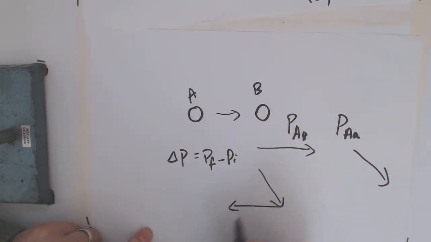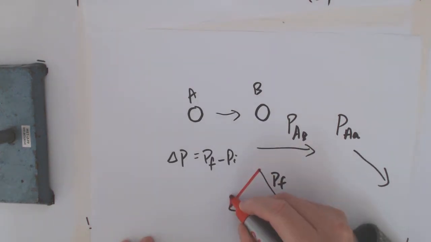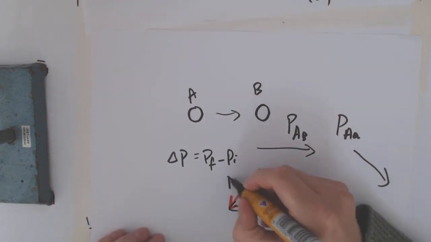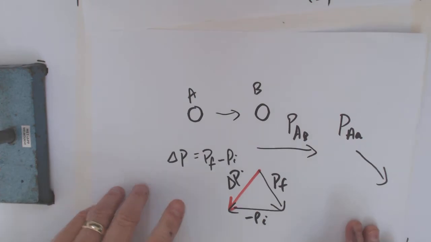So that would be PF minus PI. This is all for ball A. And that means delta P will equal that, right? So that's our delta P. That's our change in momentum for ball A. Now, you should remember what I said about change in momentum with that first introduction.